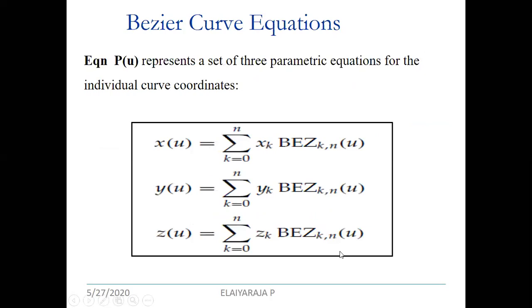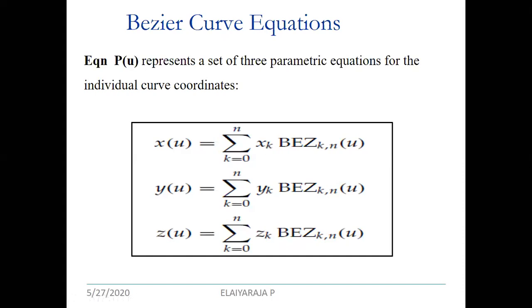Okay, so here you can write the coordinates of the control points. If you have two parameters x and y, then the z value is going to be 0. If you have all three parameters x, y and z, and a curve with three control points, then with respect to x you calculate x0, x1, x2.